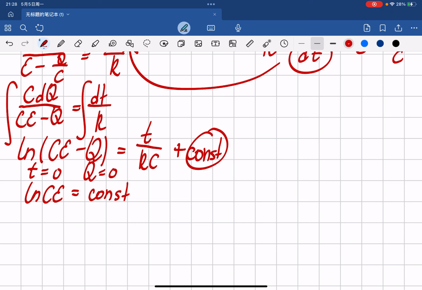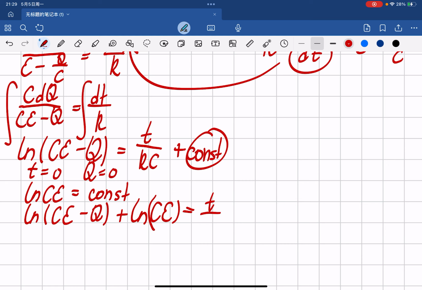And we will plug it back: ln of CE minus q plus ln CE will be equal to t over RC.